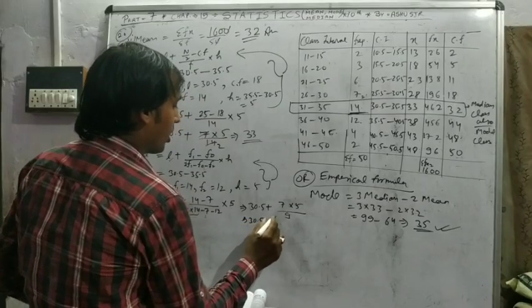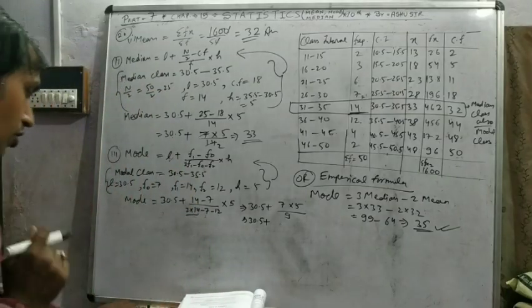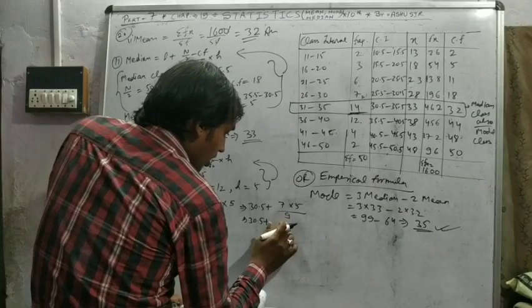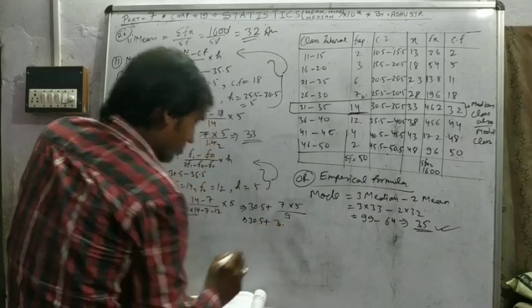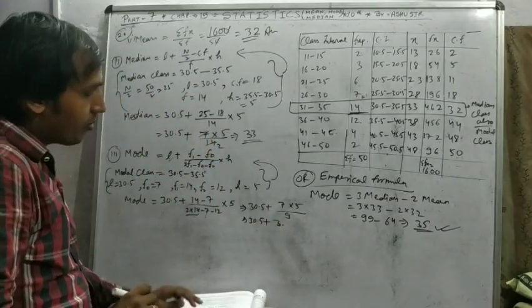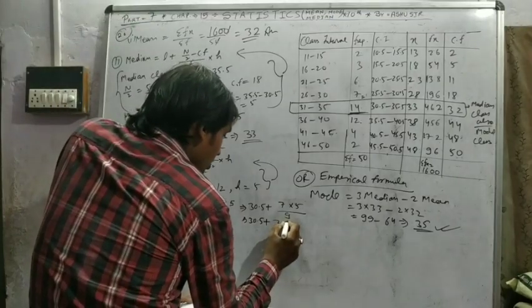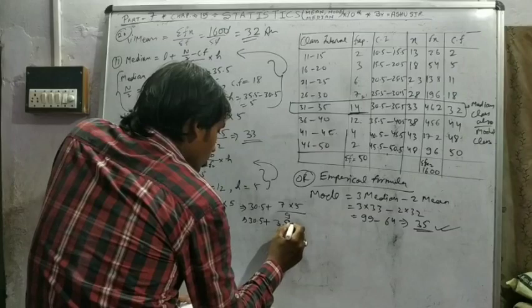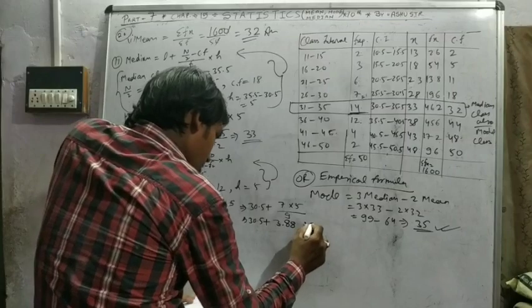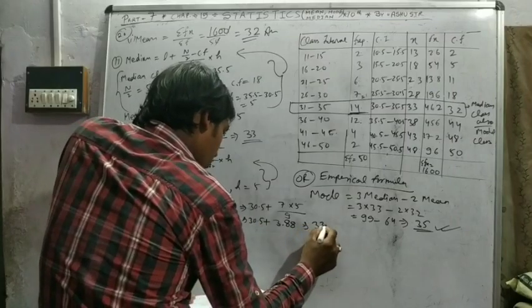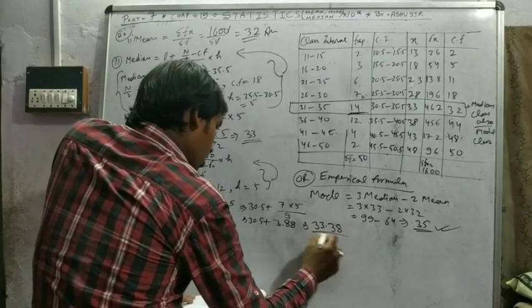So 30.5 plus 35 upon 9. Dividing 35 by 9, 9 4s are 36, so 9 3s are 27, 8 remain, 9 8s are 72. So that is 33.38 approximately.